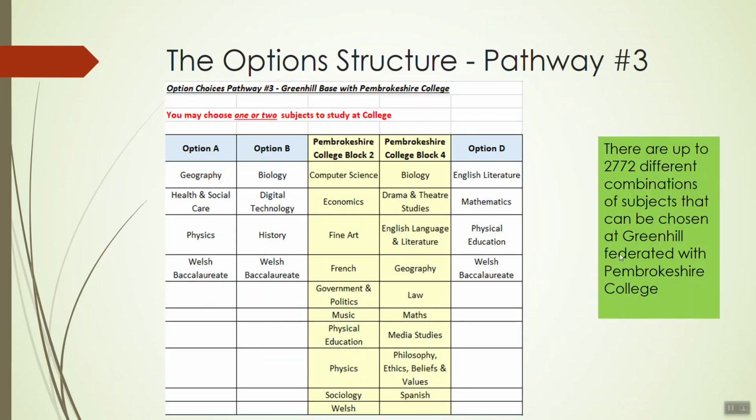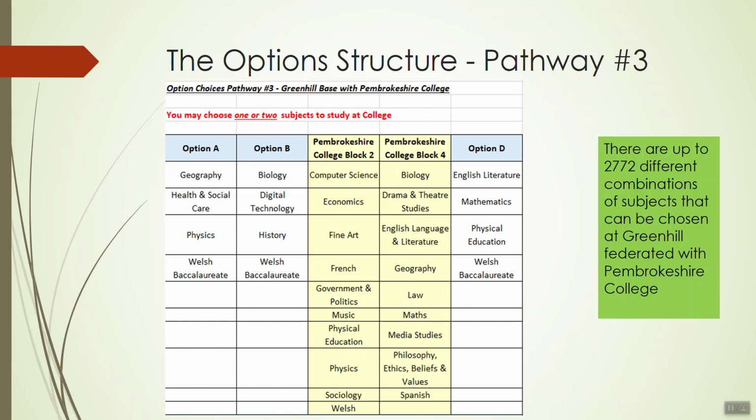And then we come to option C, options pathway 3, which is federation with Pembrokeshire College. And that also replaces our option block C. But what you will notice is that there are actually 2 blocks you can pick from in the college.